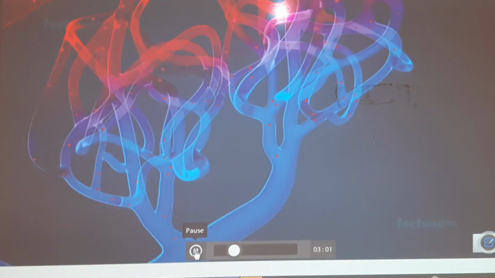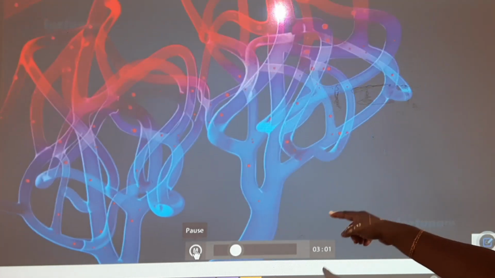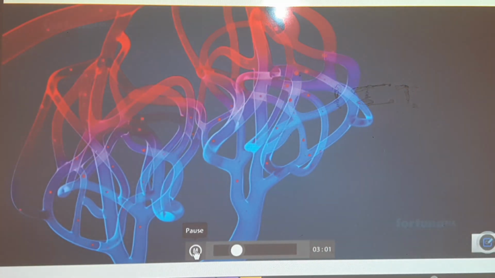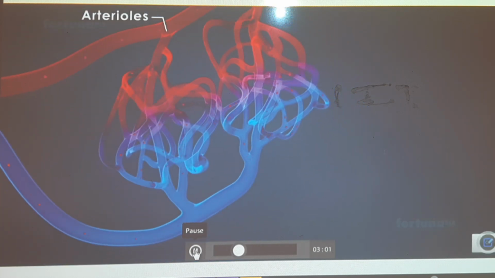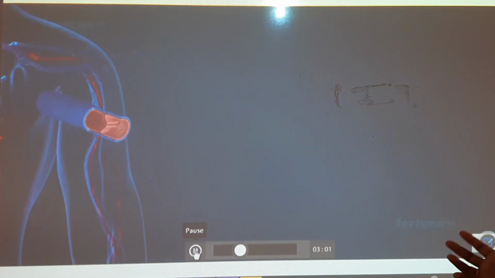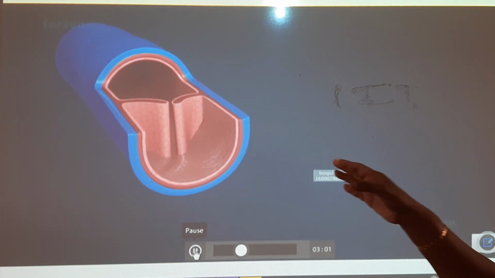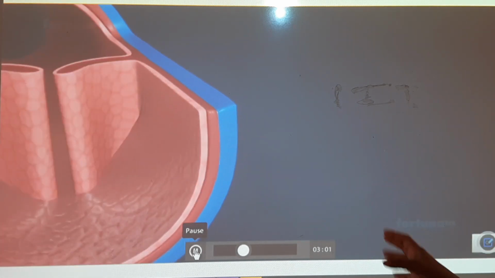So children, here you can see the capillaries and the small veins, and the veins bring blood from different parts of the body to the heart. So this is the structure of a vein. The veins also have three layers.